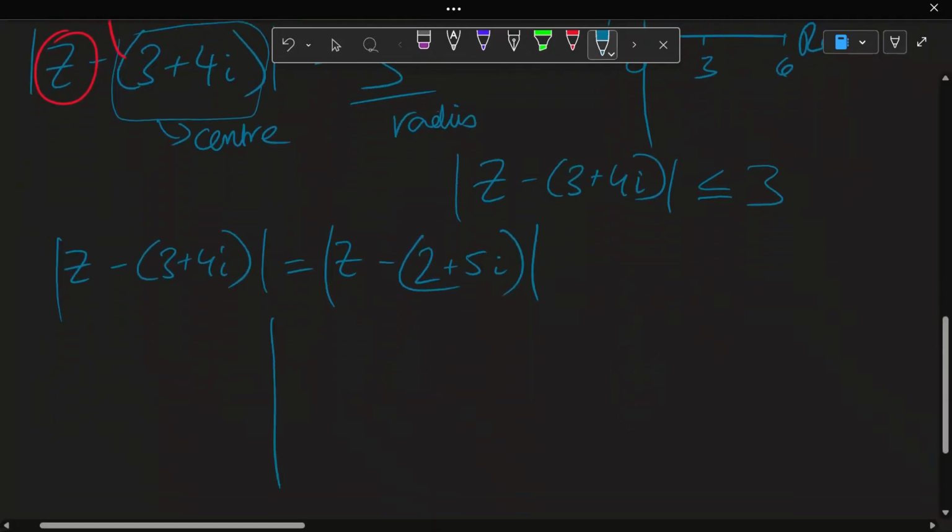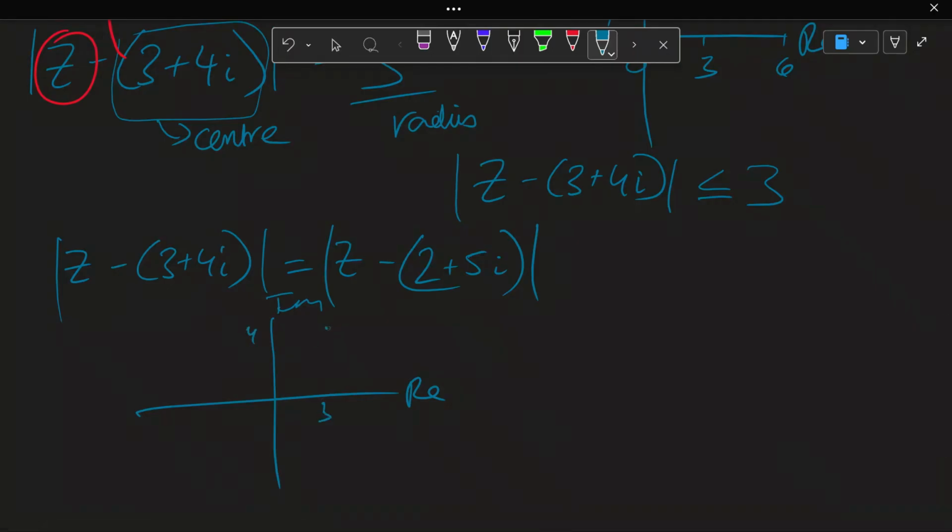So our diagram will look like this. Actually, no, let me do 5 and 2i. 5, 2. Okay, so these are 2 points. Our actual locus is going to look like this.